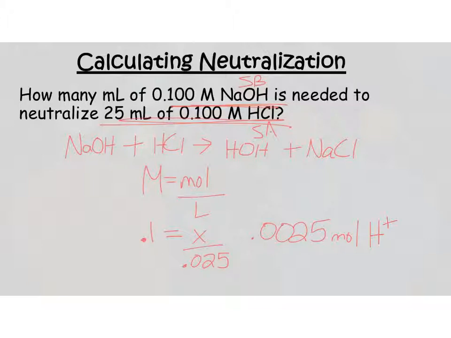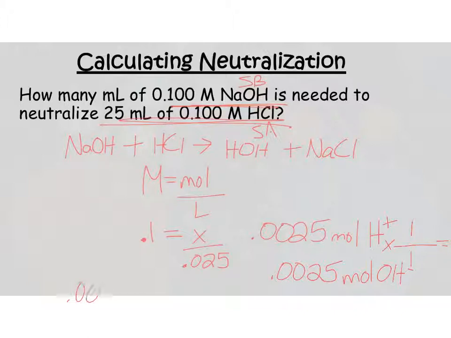Okay, so if I have that many moles of HCl, how many moles of OH or NaOH do I need? Well, hopefully you realize that balance, this equation still has a 1-to-1 ratio. So I need the exact amount of moles of H plus as OH minus. Okay, so this is how many moles of OH minus I need.